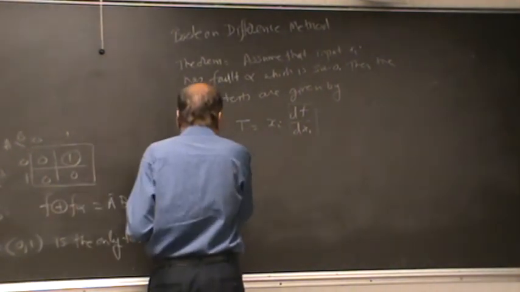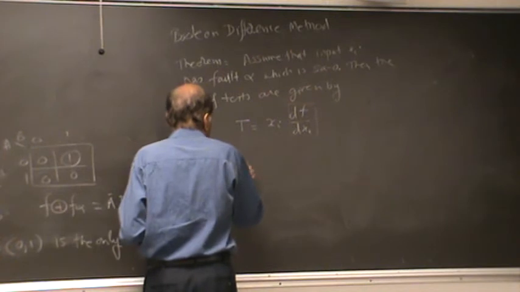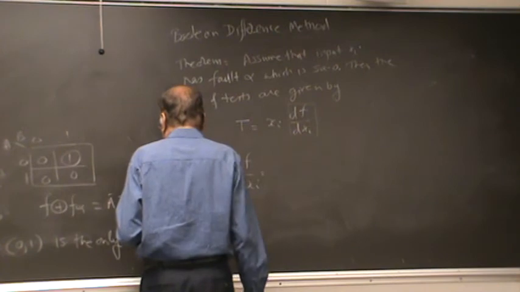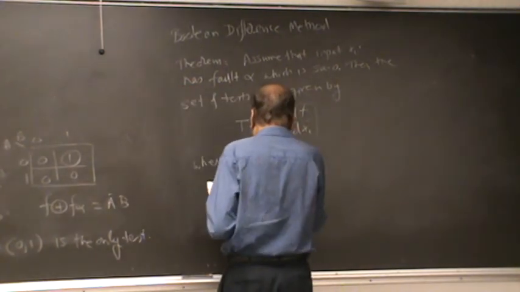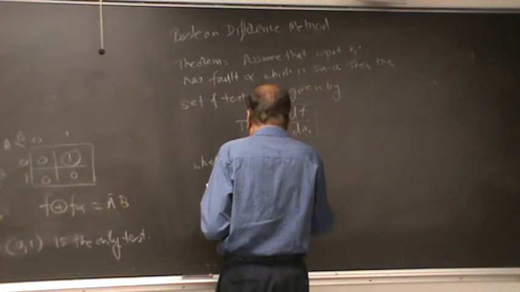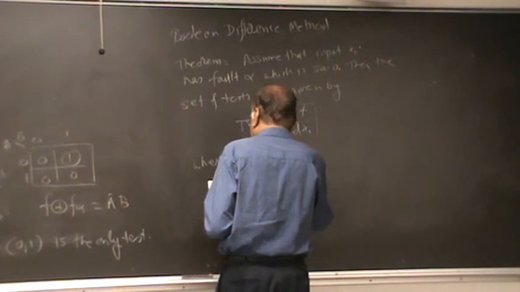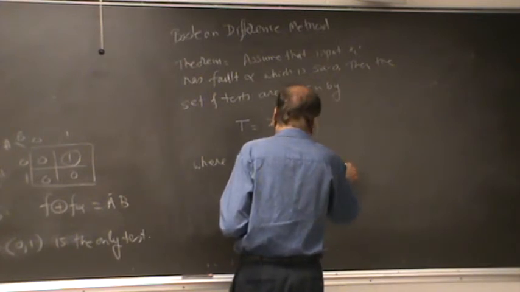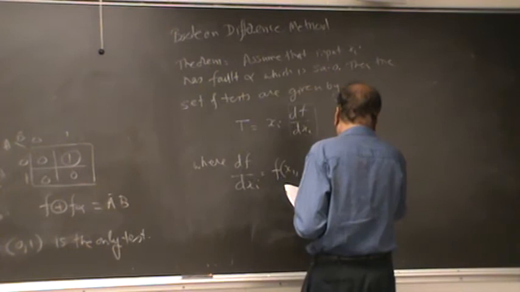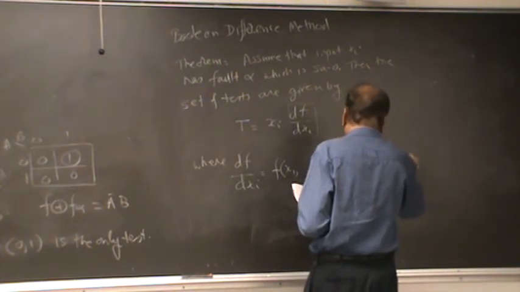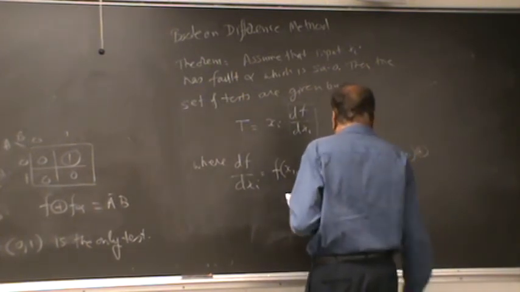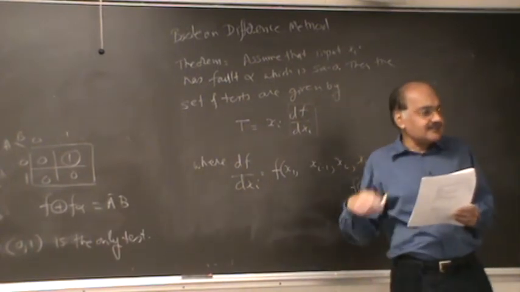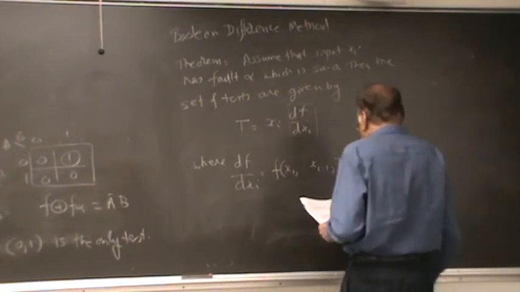So where df by dx i, the Boolean derivative, is defined as, the idea is actually simpler than the expression if you think about it.